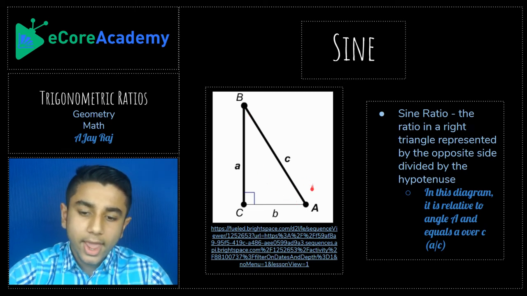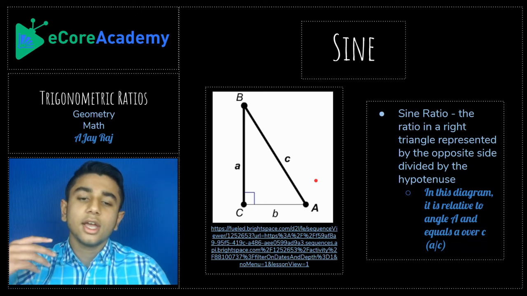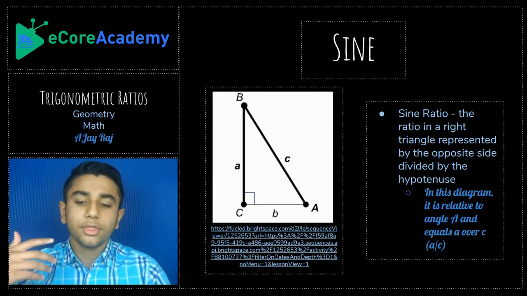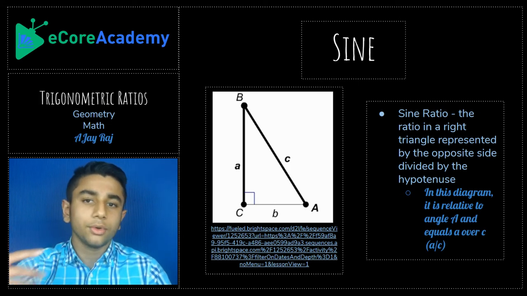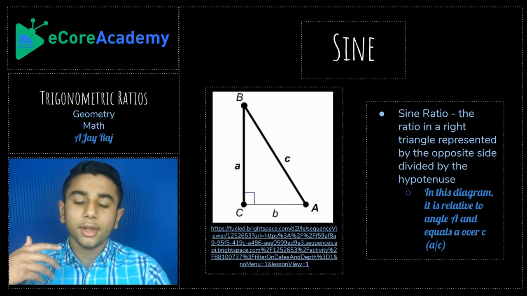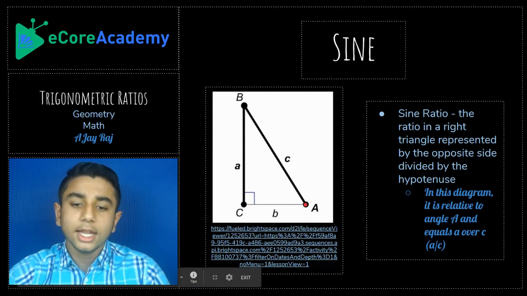If it's angle A, your opposite side is going to be side A. An adjacent side is a side that has a touching side, or has an opening ray that is in direct contact with an angle. As you can see here, side length B has direct contact with this angle, and it makes the angle.